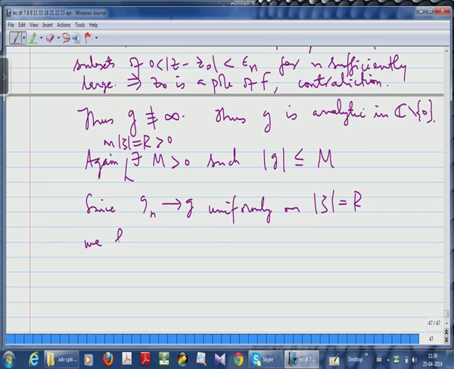we have f is bounded in a deleted neighborhood of z0.